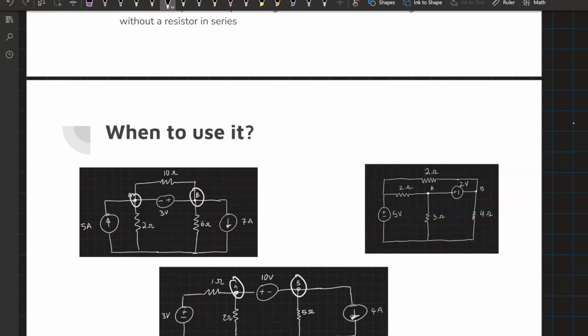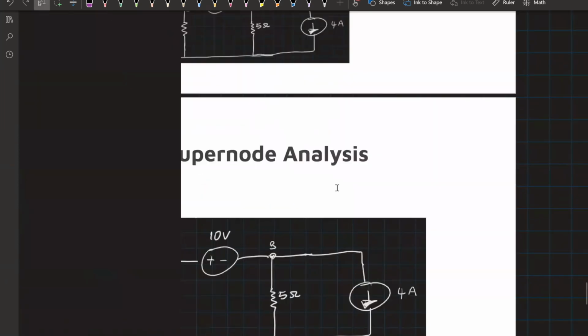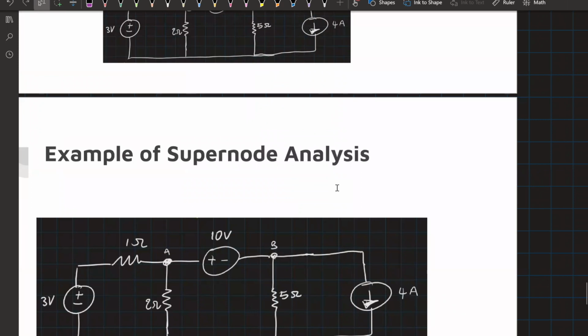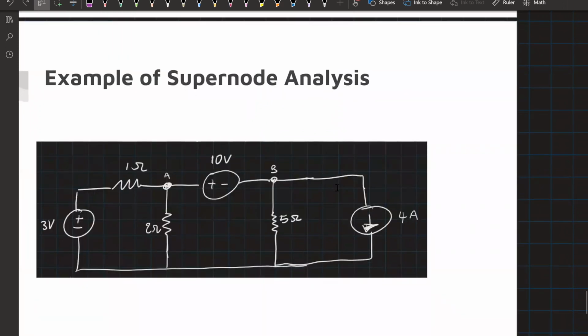Similarly, in example 3, where we have four resistors and two voltage sources, the voltage source in between node A and B does not have a resistor in series. These three examples show a clear indication of when it may be best to use a supernode analysis technique. And now we'll go over an example of supernode analysis.